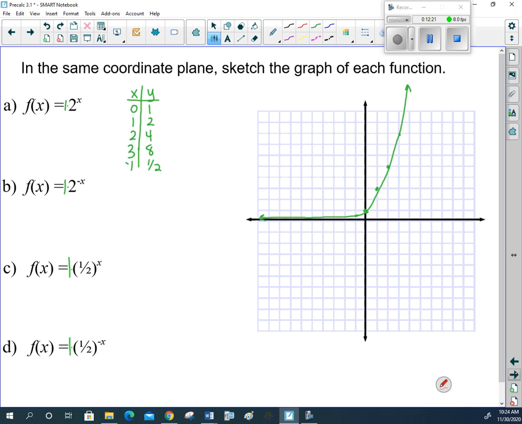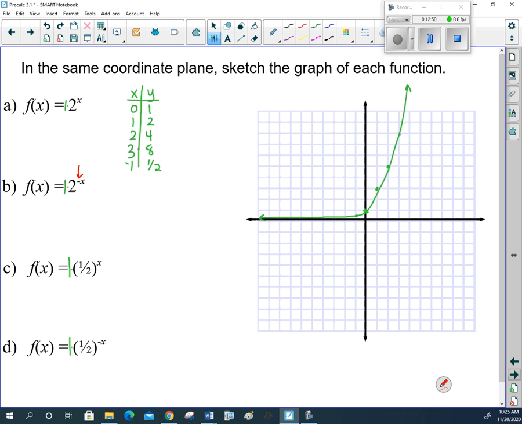Okay, what would happen if I have a negative x? Well, if we go by what happened last chapter about the negative x out in front, remember that was your left and right reflection. So if 2 to the x is a growth, then 2 to the negative x is probably going to be a decay.